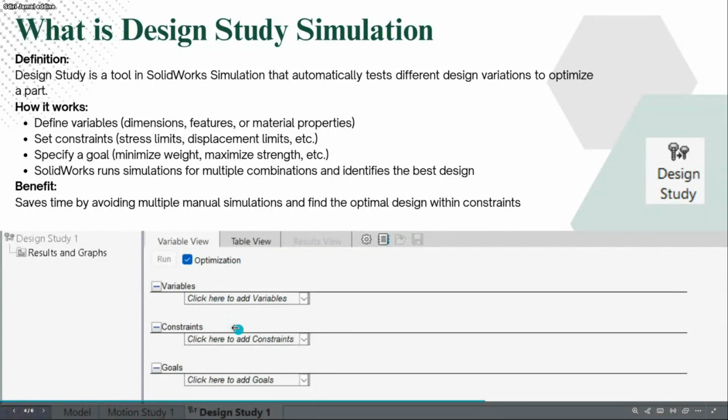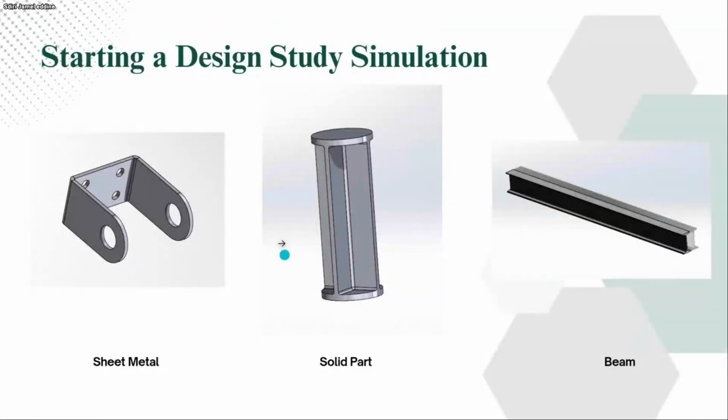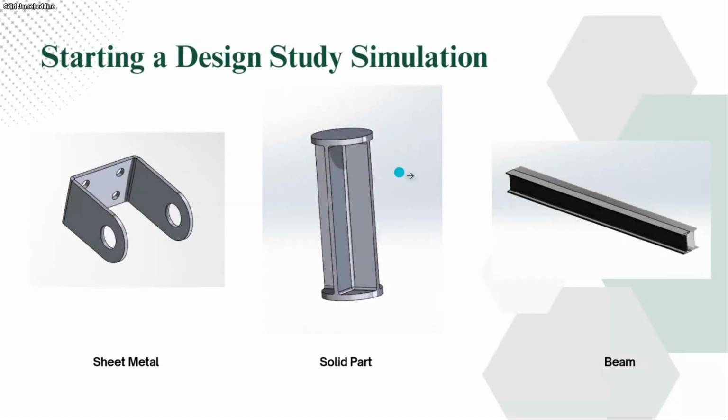I'm going to start with three types of application: design study on sheet metal parts, on a solid part, and on a beam part. For each one I will define a different variable, and we will see the results.